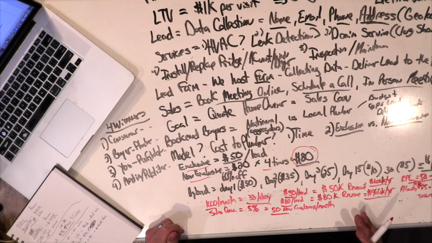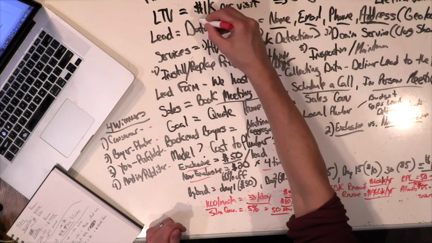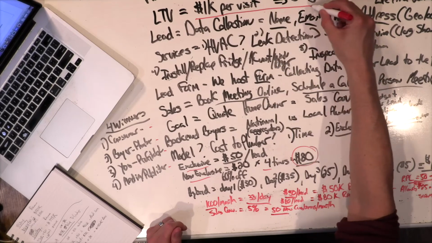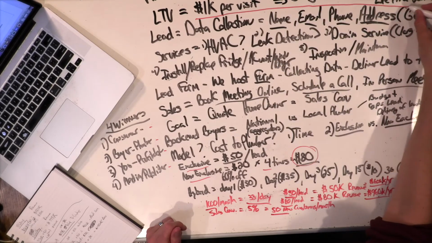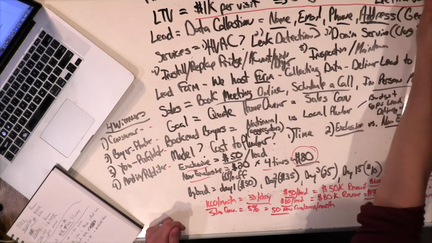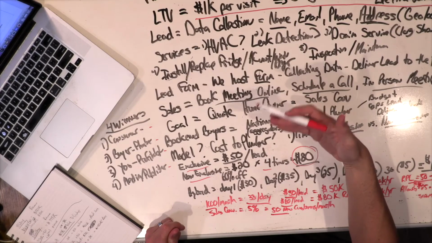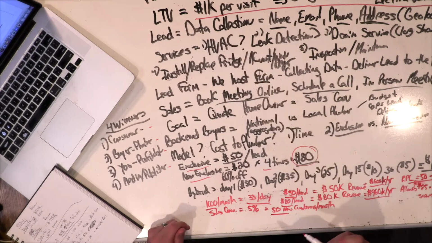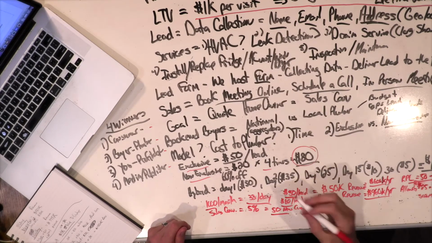Well, remember, we need to understand what the lifetime value of the customer is. So we said, on average, when a plumber goes to a house to give their services, they're charging about $1,000 for that visit. So that's for your first visit. Great.